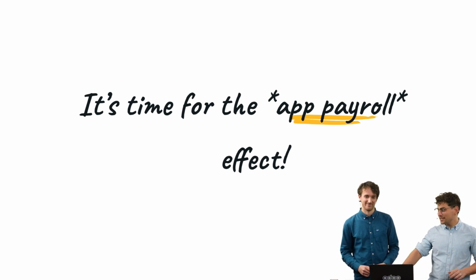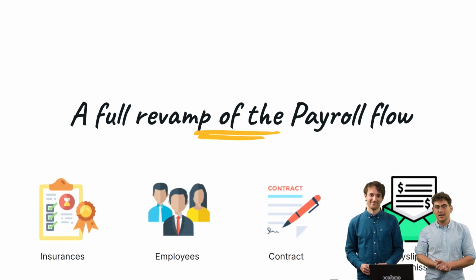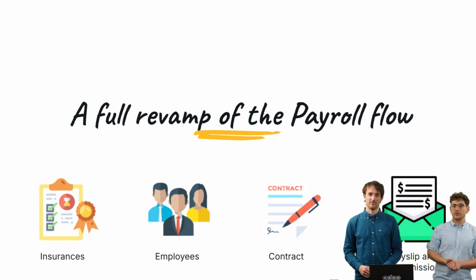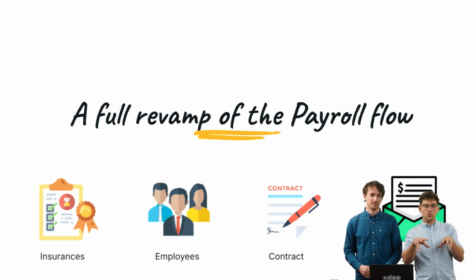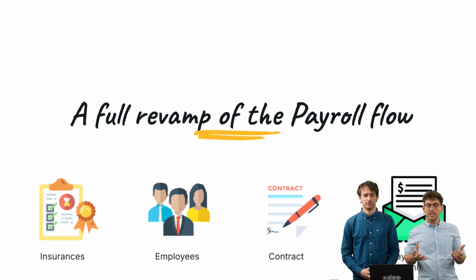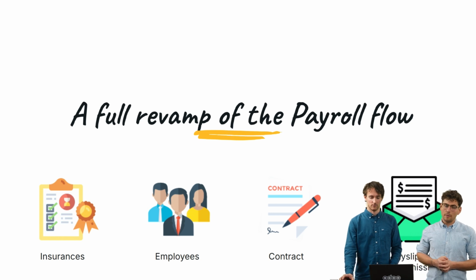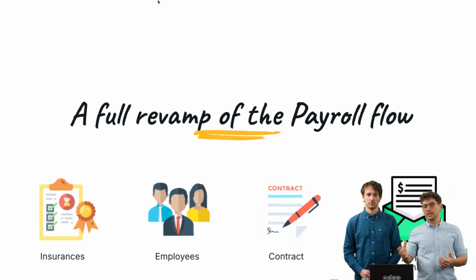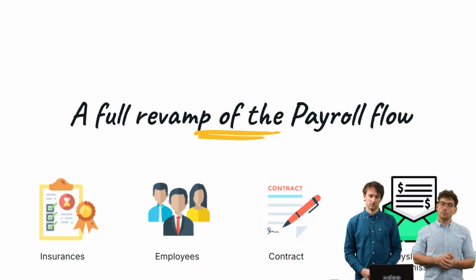All right, so what is this new module about? It's a full revamp of the payroll flow. So that means that we put into place all the insurances you need for computing correctly your payslips. You need then, once you have your insurances, to create all your employees, encode all the personal data. Once all of that is done, you can create the contract of your employees.